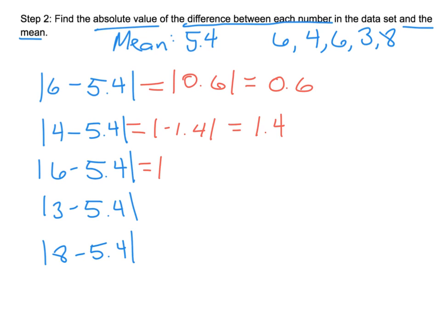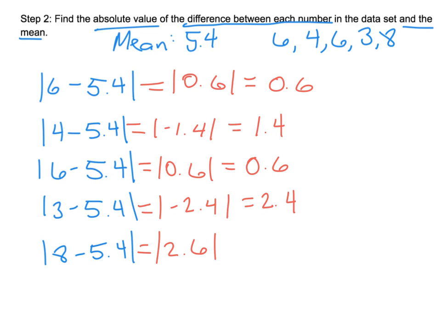The absolute value of 6 and 5.4 again is 0.6. 3 minus 5.4 is going to be negative 2.4. And the absolute value of that is positive 2.4. And then 8 minus 5.4 is 2.6, which the absolute value of that is simply just 2.6.